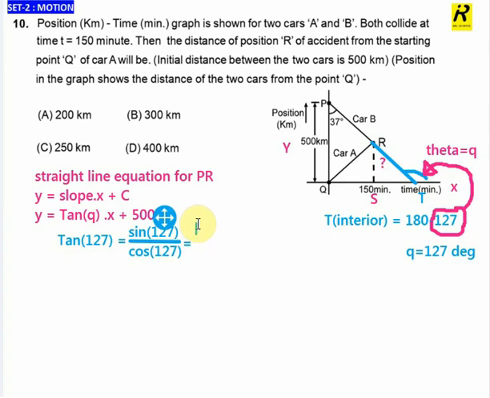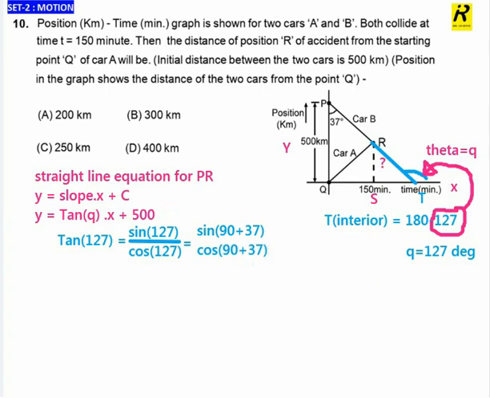Otherwise, I can write it like this: sine of 90 plus 37 over cos of 90 plus 37.